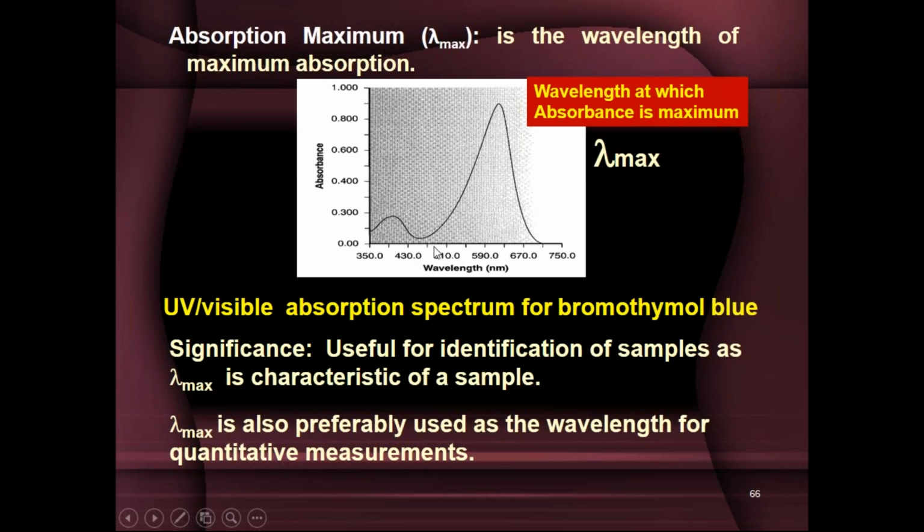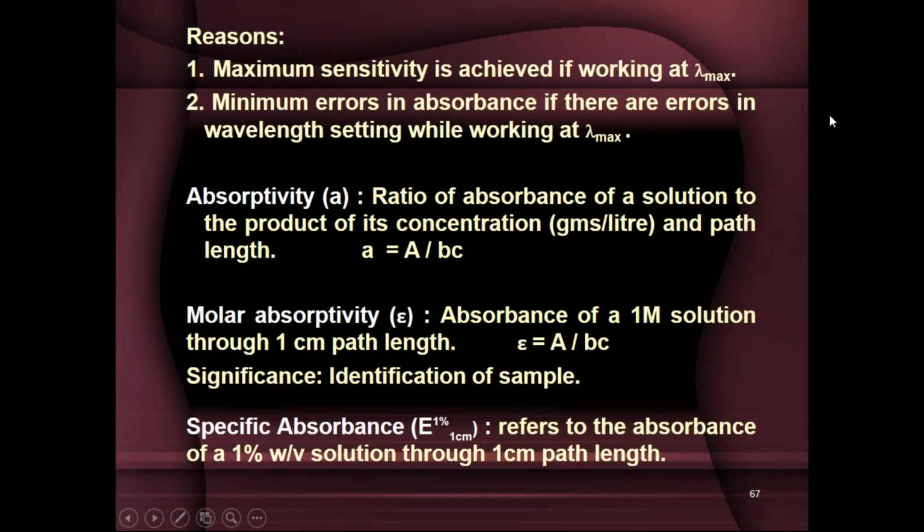There is zero absorbance. Only at the lambda max, you will see a very small peak. If you can see a small peak, that means you can still make the measurement. That means even such a low concentration, which cannot be determined at any of these other wavelengths, can be determined at the lambda max, if you're using lambda max as the wavelength.